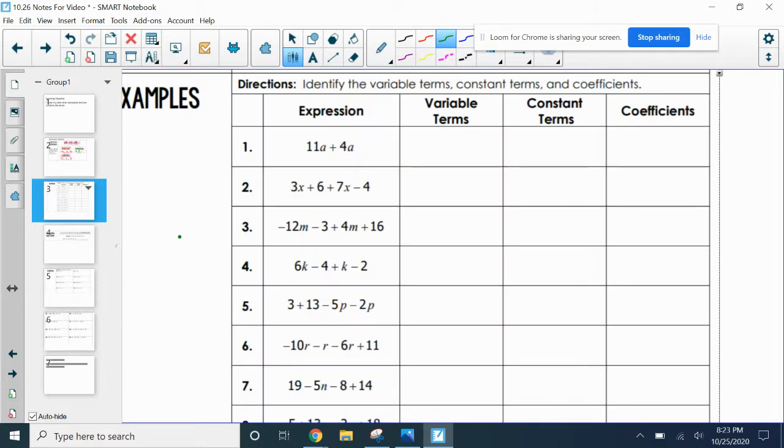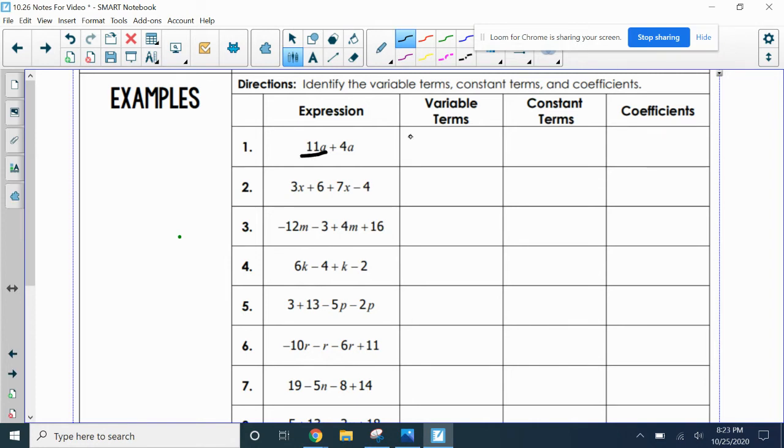So, our variable terms in number one. Well, what ones do we have with a letter attached to them? We have 11a. So 11a. And we have 4a. I wish they put variable term and coefficient together, but they didn't. Well, I'm going to jump to coefficient first.